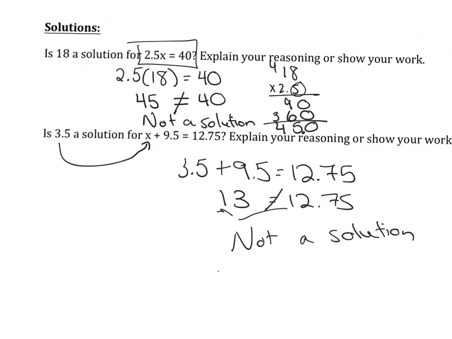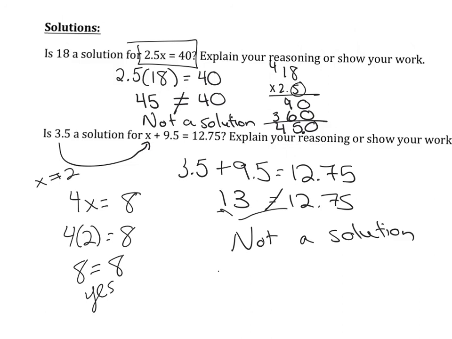If it was a solution, then both sides would be equal to one another. For example, if I said 4x equals 8, and I said, well, can x equal 2? You would plug that in and do 4 times 2 equals 8, and 8 equals 8, so this would be a solution.